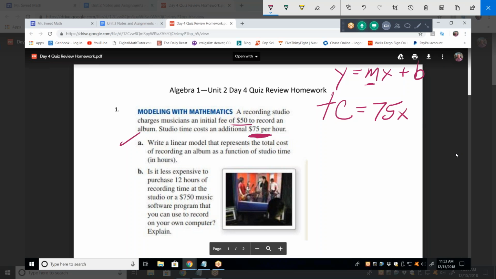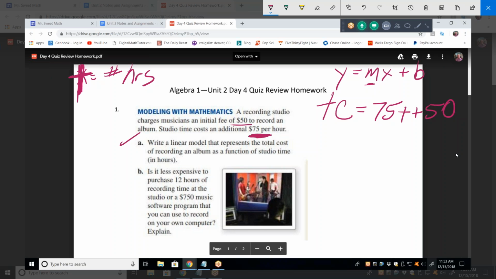75x plus 50, where x is what? The number of hours or time. The number of hours. So actually, we'd probably be better off calling this t. And then instead of x, it's t.